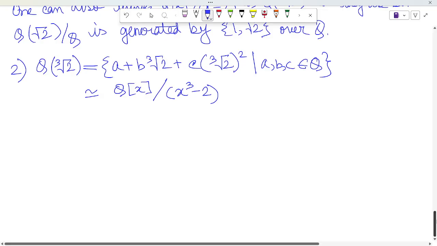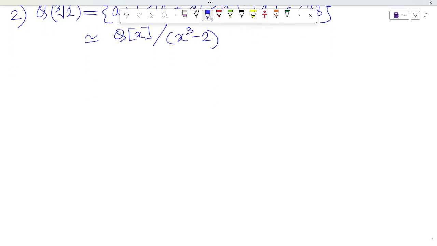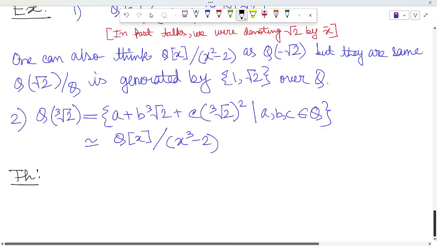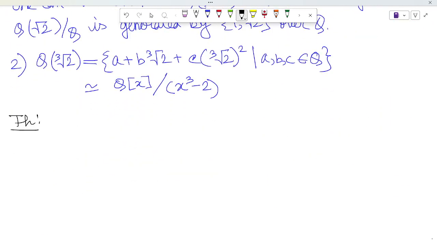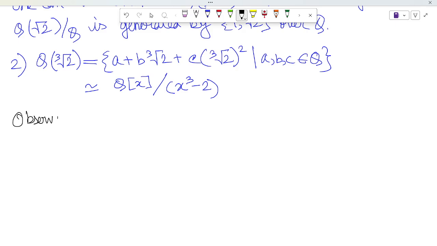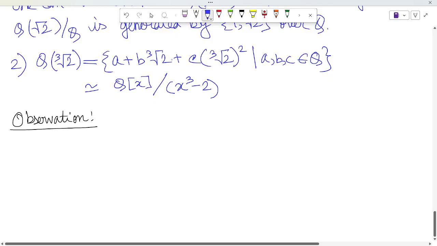So I am going to the next theorem. So it is better to say that that is an observation. Again, I will make an observation.